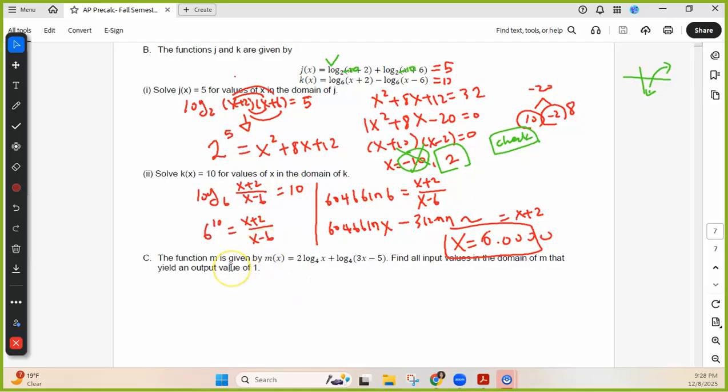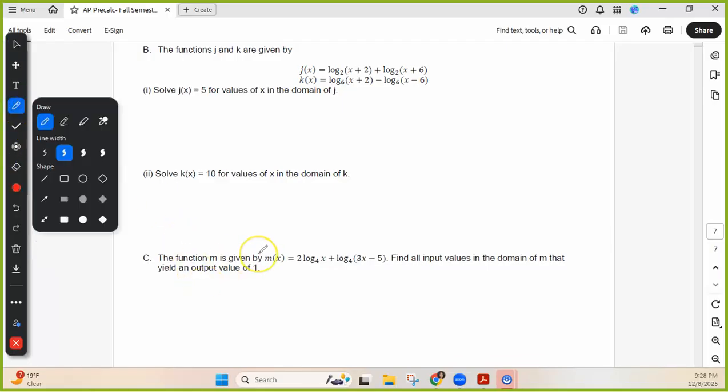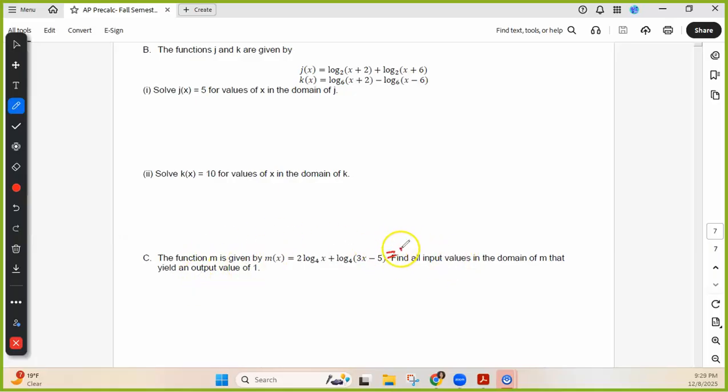All right, what about the next one? I'm going to erase it because I will need more space. Okay, last one. Let's go. The function m is given by this. Find all input values. That means x values where output is 1. So you're going to set it equal to 1. Can I condense that? Yes, I'm going to piggyback that 2 on the top and then combine it together.